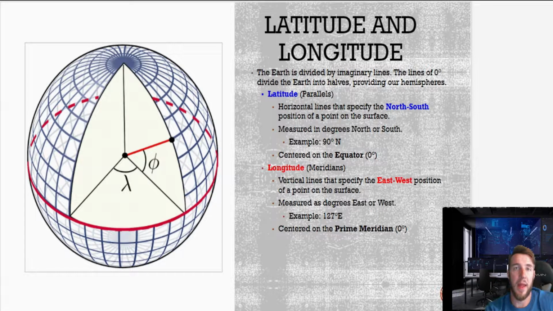I'm trying to make it so that you get the information you need and it sticks, not filling your head with an abundance of information that you won't be using. So if you see what I've done here, latitude, north and south, boom, there you go. That's it. Rather than writing down horizontal lines that specify north and south positions, so on and so forth, it gets right to the point.